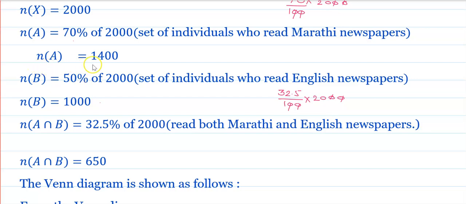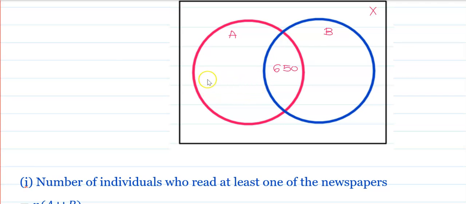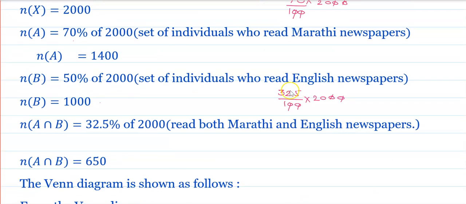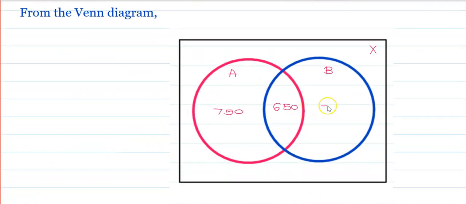Who read only Marathi? Marathi readers are 1400, so 1400 minus 650, then here you will get 750. And next, the number of individuals who read the English newspaper is 1000 minus 650. Then you will get 350 who read only the English newspaper.